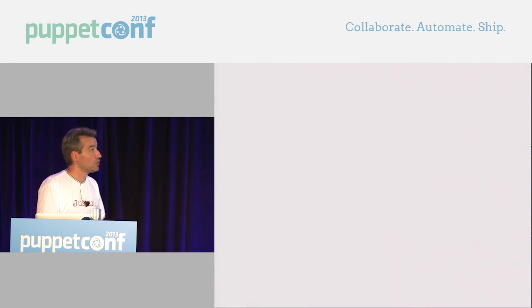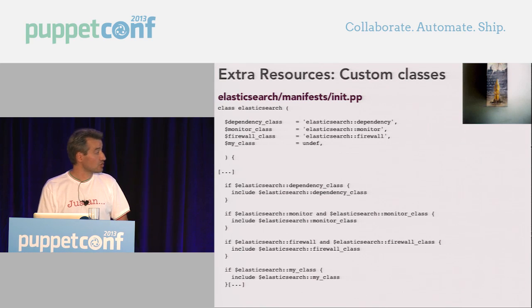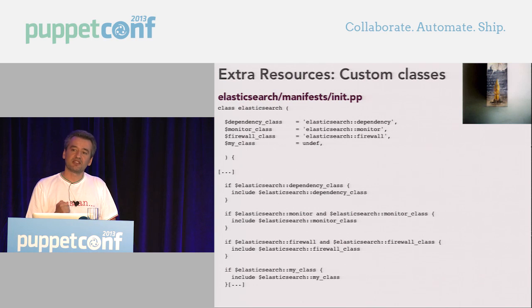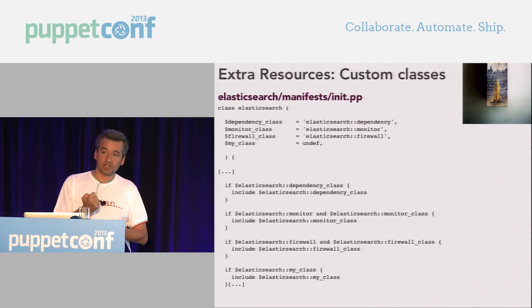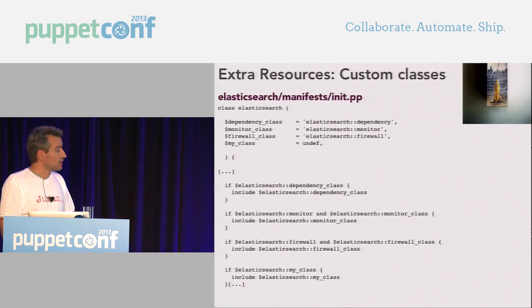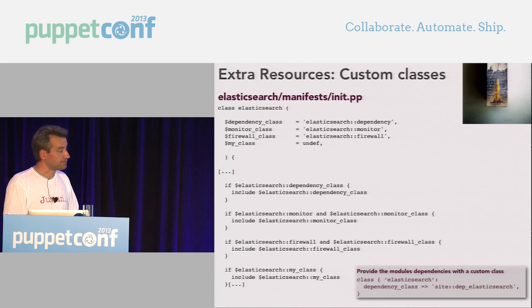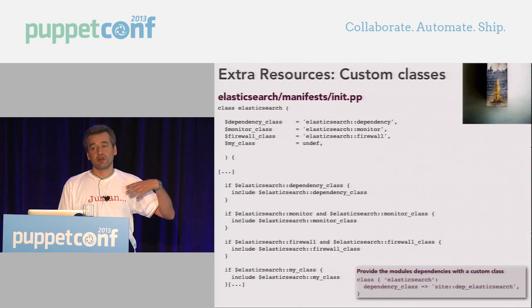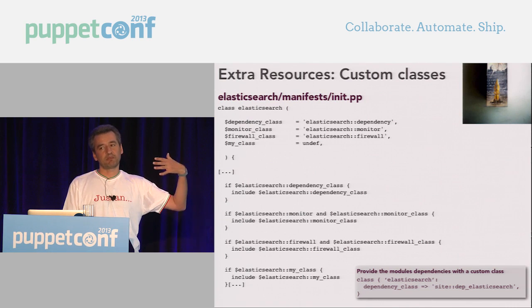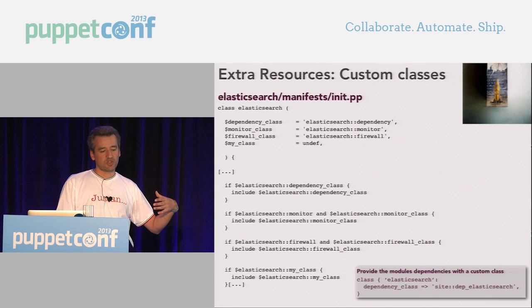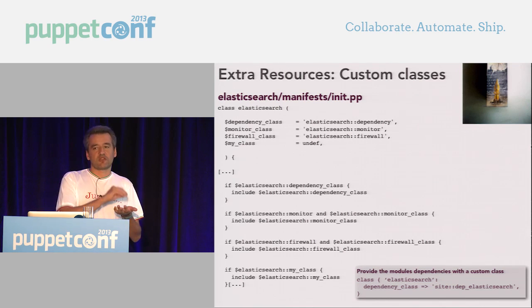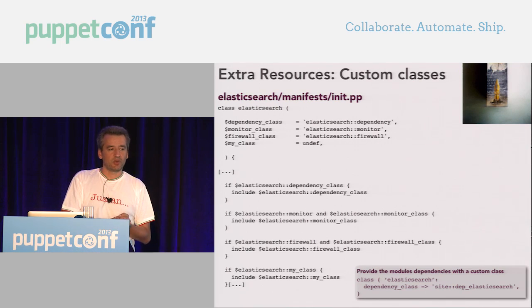In this case, you can have different approaches. According to me, you can use this, let's say, class parameter that lets you specify a class to use and where you can add specific resources related to the module. In this case, you may provide a custom class where you provide some kind of dependencies of the module, which maybe are related to other applications, or to the usage of a specific module which manages those applications.